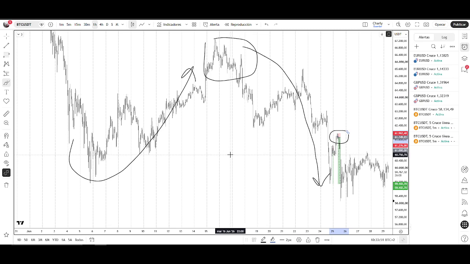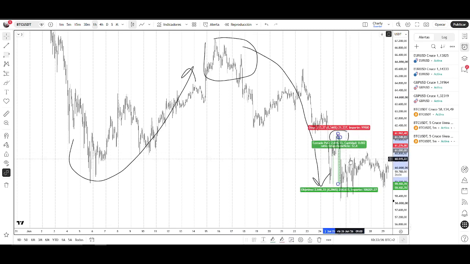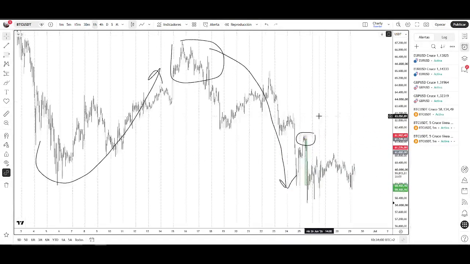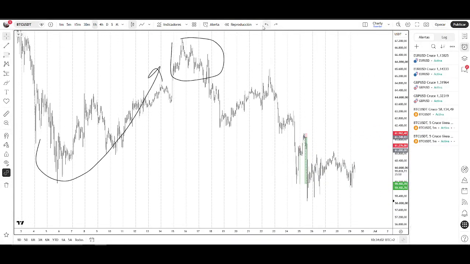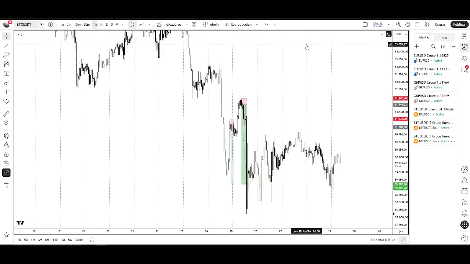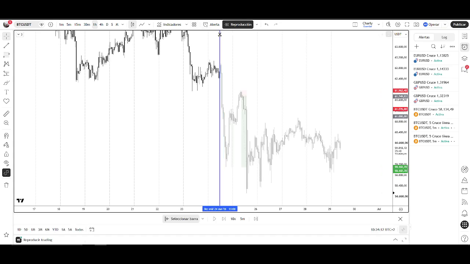So let's say out of 13 TPs, we had this one, which was an outlier of a 1 to 12. So we're gonna break this down, and the way to take this one was literally a replica, a copy paste of the way I took the rest of the trades. So that's the good part, and the outlier is not taken in a different way than the others were taken.